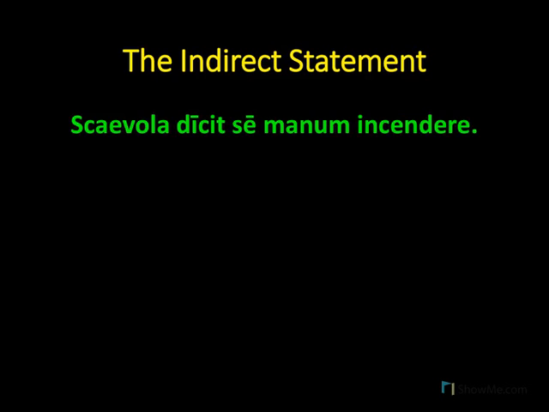Here we have Scaevola dicit se manum incendere. So dicit is our main verb, and incendere is our infinitive. Dicit is a present tense indicative verb, and incendere is our present tense infinitive.